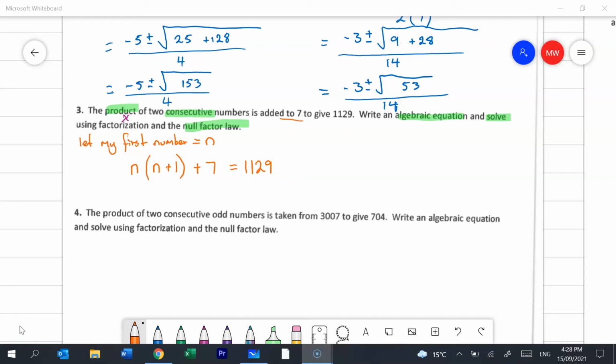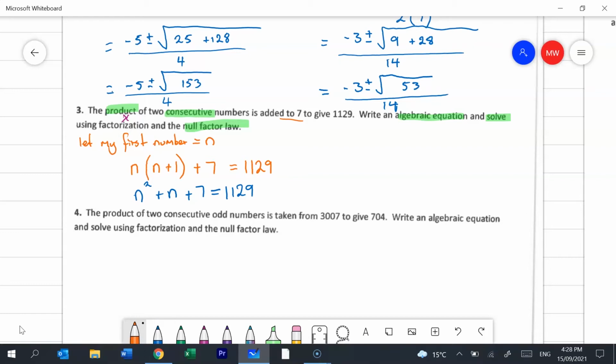Now what we might need to do is expand this so that we can use the null factor law. So n times n makes n squared, n times 1 makes n, plus 7 equals 1,129. Now something that we can't do is use null factor unless our equation equals 0.